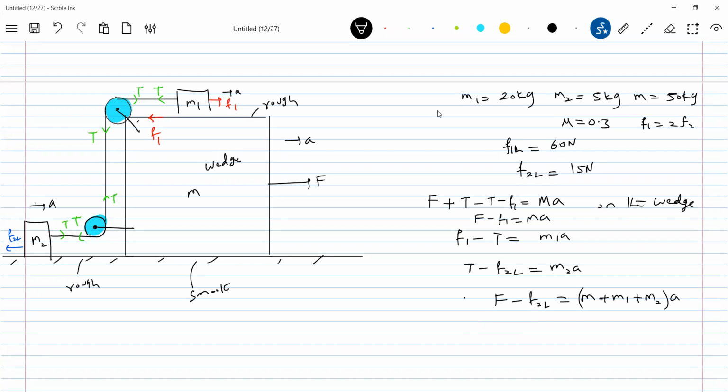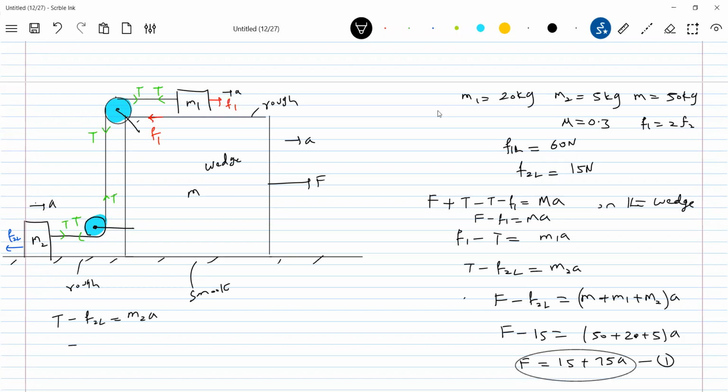So now directly let's come to this one. F12 is how much? 15 equals, M is how much? 50. M1 is 20. M2 is 5. So F is equal to 15 plus 75a. Keep this equation. Let's come to this. T minus F12, we know it is 15.